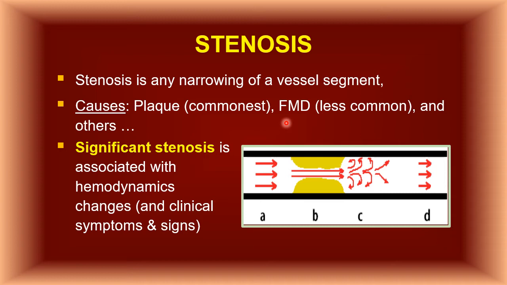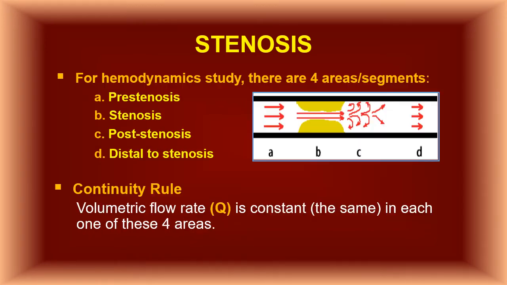So this is our discussion now. We'll be discussing significant stenosis. And significant stenosis is known to have what? To have hemodynamic changes and clinical symptoms and signs. To discuss this stenosis, we need to divide the stenotic area into 4 segments or 4 areas. First area to discuss is this one, the prestenotic area.